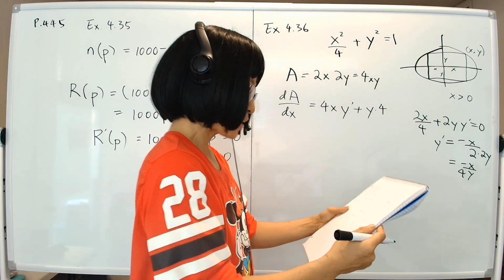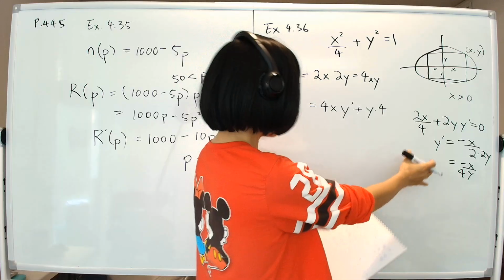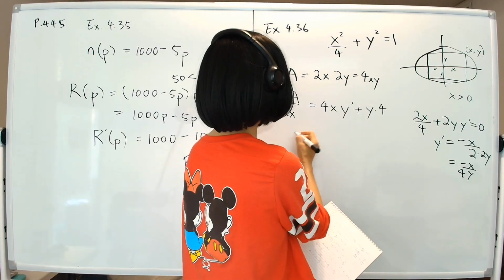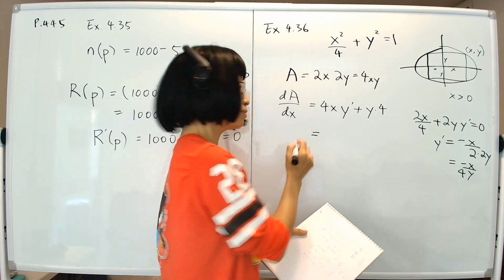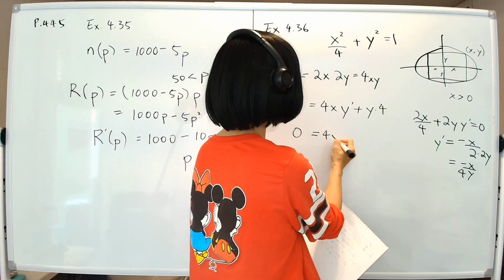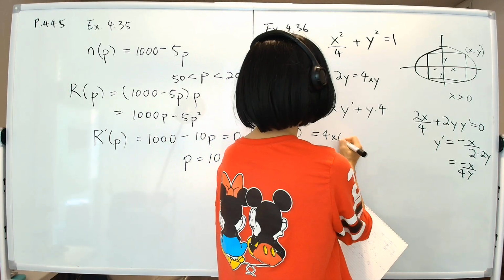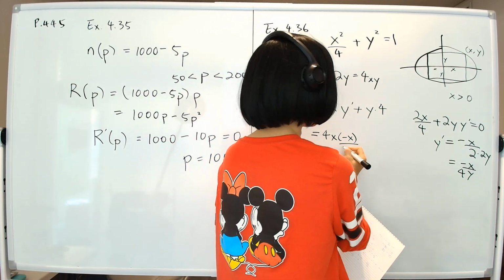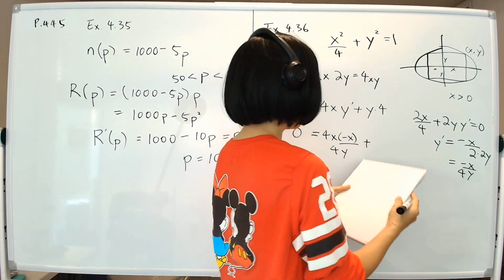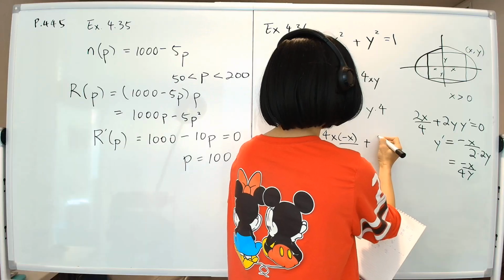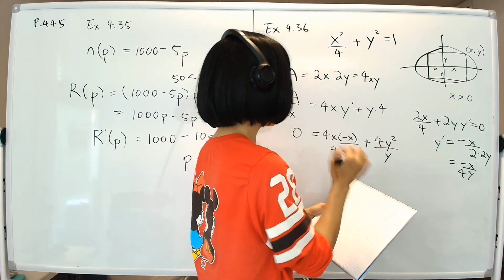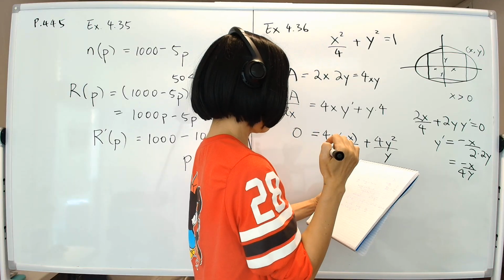That's right. Now we plug y prime in here. We are going to set the derivative to 0 in order to find the maximum point. So we have 4x times y prime, which is minus x over 4y, plus 4y squared, because I'm going to multiply by another y down here.